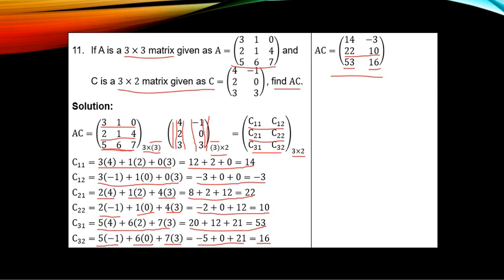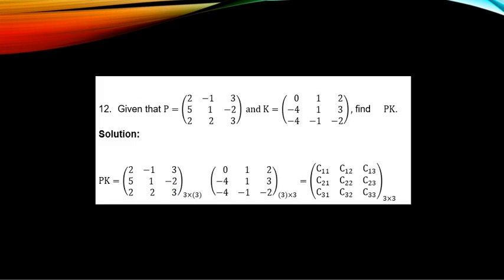Okay, one more example. Example 12, given that matrix P is equal to this, matrix K is equal to this, find matrix PK. The two matrices are 3 by 3.